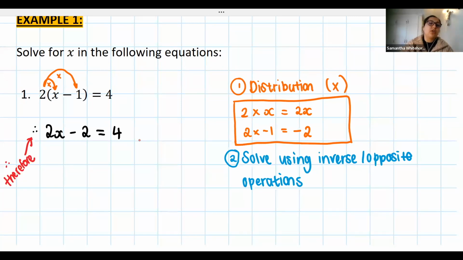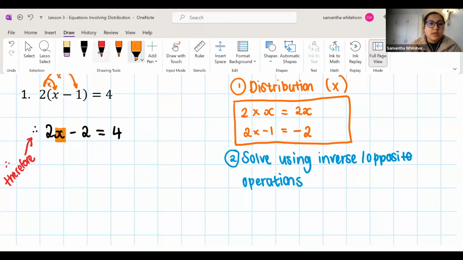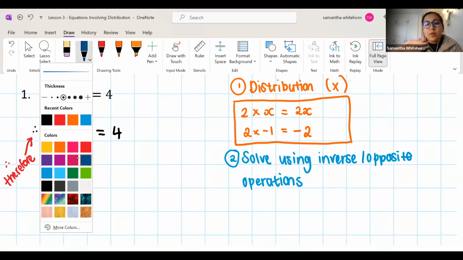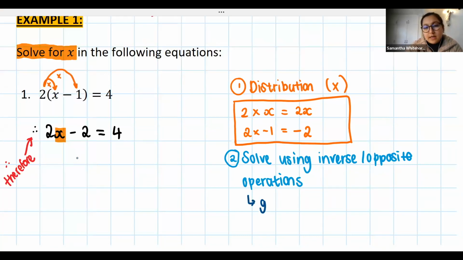Right, but back to solving our equation. Remember, the goal is that we want to get x alone. That is what solving an equation means. The instruction even says solve for x. So we need to get rid of this minus 2 and this times 2. And this is now where our inverse operations become important. Remember, what I have said is that when you solve an equation, this involves getting your x terms, or your variable terms, to one side.